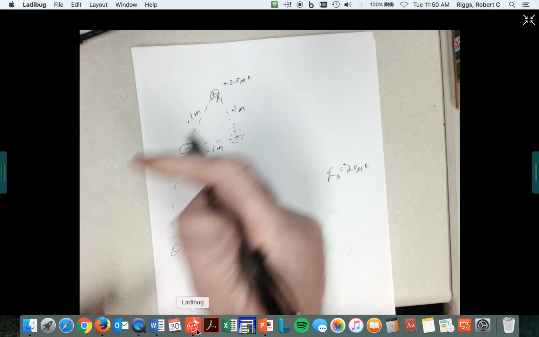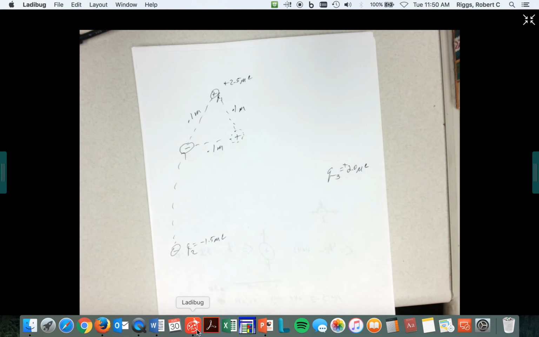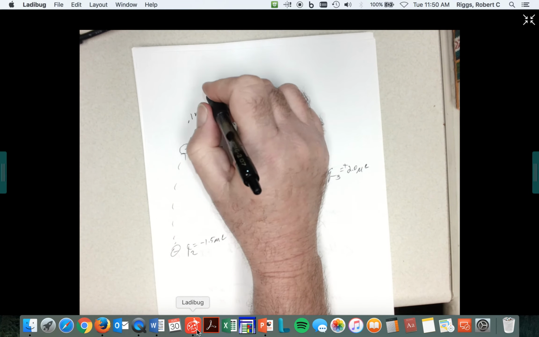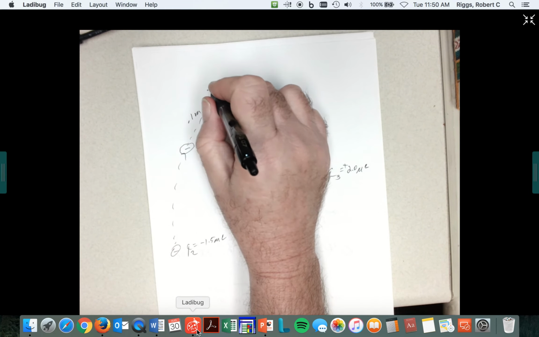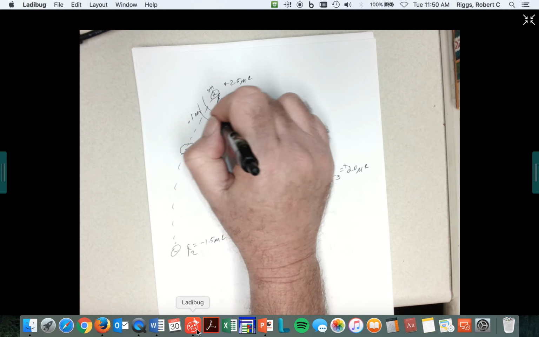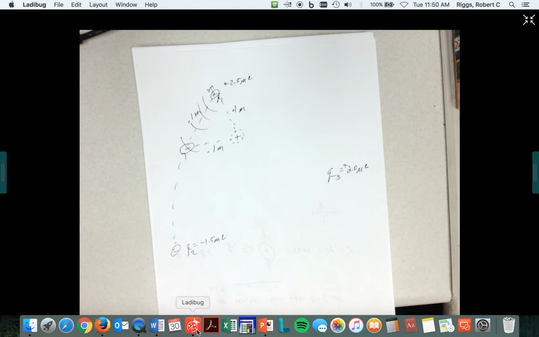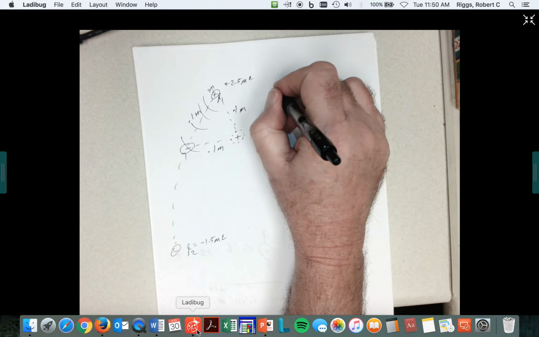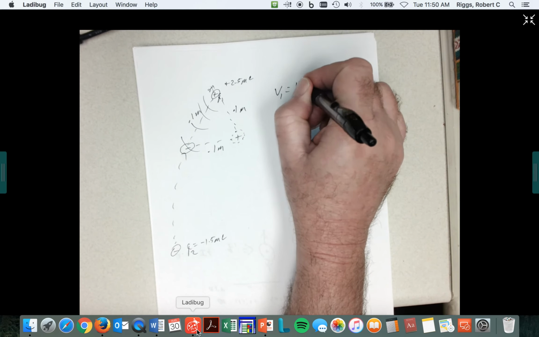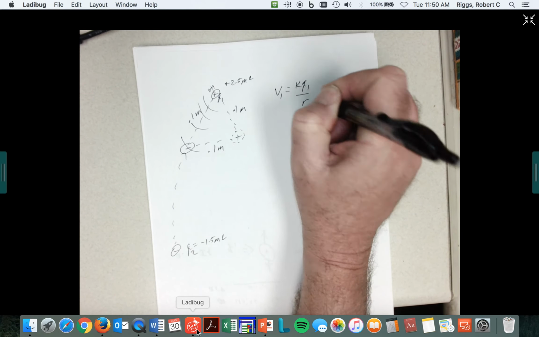Okay, I start with my first charge. I just have to start somewhere. I'm going to bring in Q2. Now remember, there are electric field lines coming out, but there are also voltage lines coming down here. So V1 is equal to kQ1 over r.